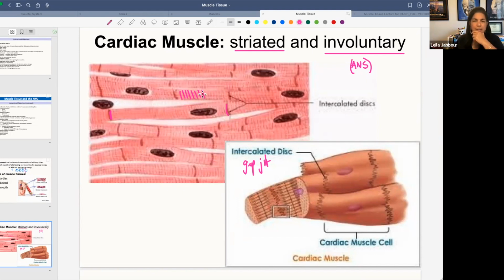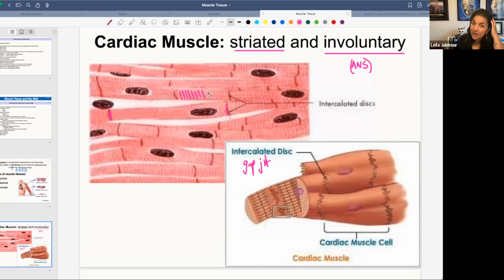What I didn't say about the striations before I jumped into the intercalated discs is that the striations are a visual of the organization of the contractile proteins inside the cell. So you can visually see them at the naked eye.